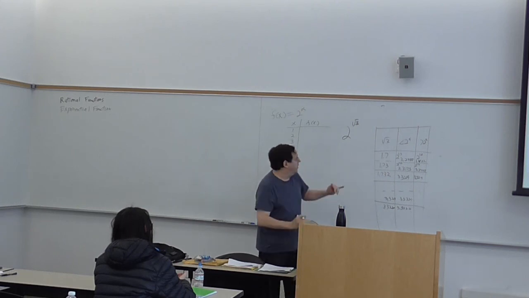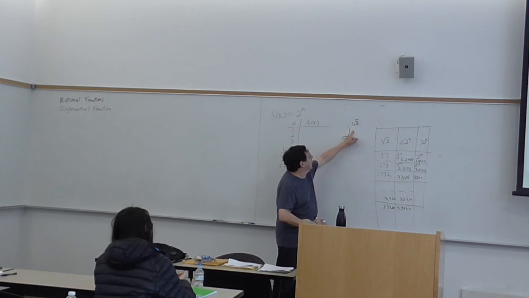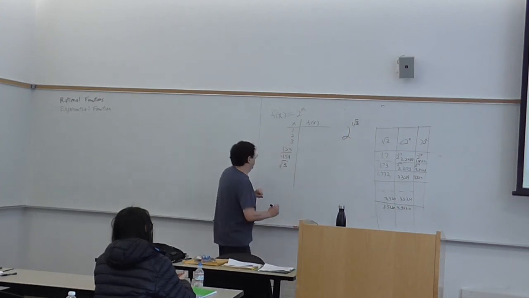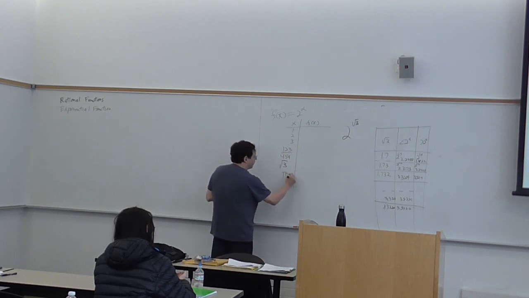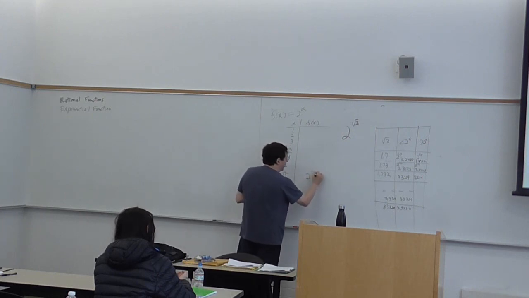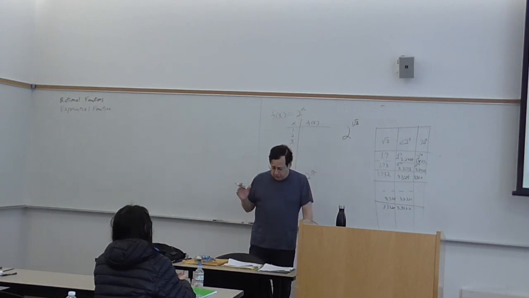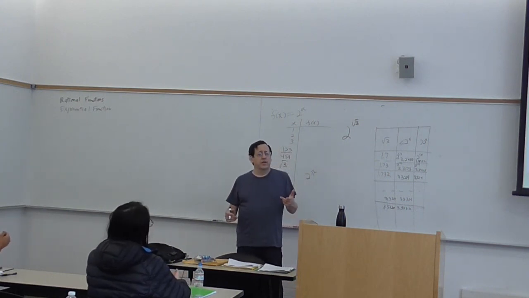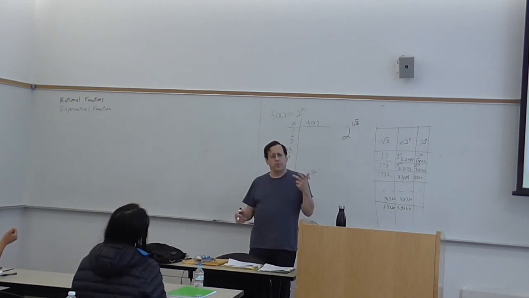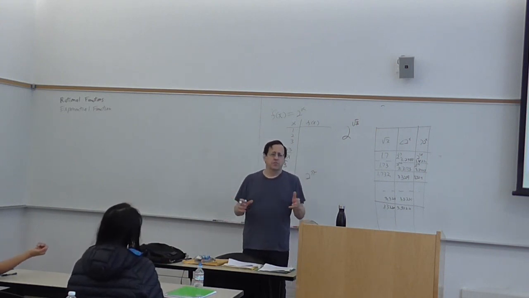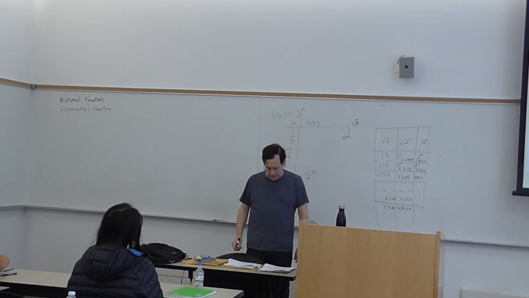But that's how we find, logically, 2 to some irrational power. It could be pi, right? Let's say 2 to the pi. You would need the same kind of process. Now, fortunately for you, you have a calculator. It doesn't tell you the exact number, but if we need an approximation, you don't really have to worry how it's calculated.